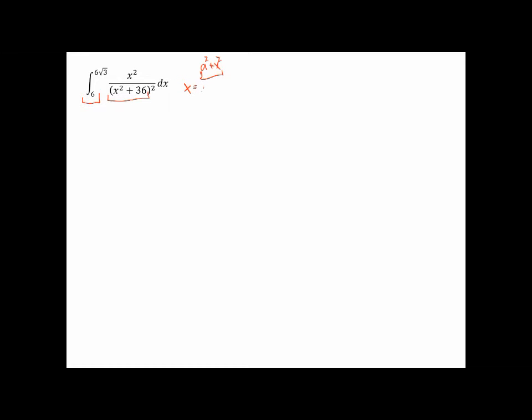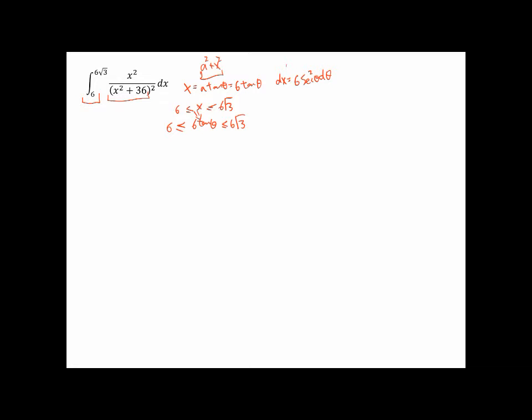So set up a substitution: x equals a times tangent theta, which is 6 tangent theta here. dx is 6 secant theta squared d theta. Okay, so since x is greater than or equal to 6, less than or equal to 6 square root 3, so 6 tangent theta is greater than or equal to 6, less than or equal to 6 square root 3.